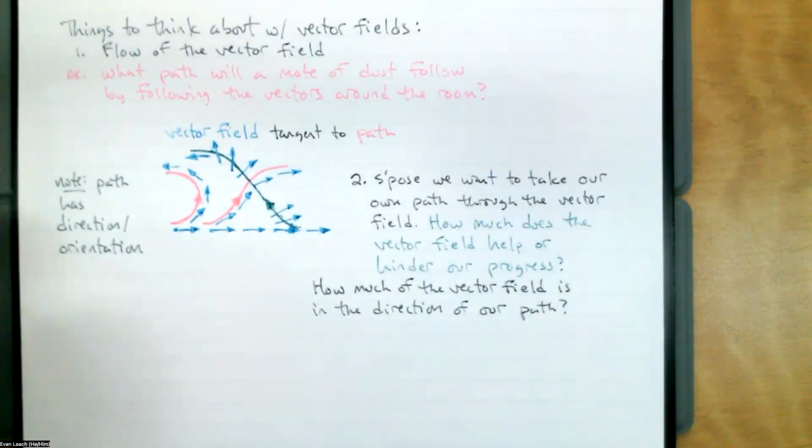We're imagining how much of the vector field is in the direction of our path. The direction of our path is a vector. The vector field is a vector. How do we figure out how much of one is going in the direction of the other? What operation are we using here? The dot product. So this calls to mind the dot product.